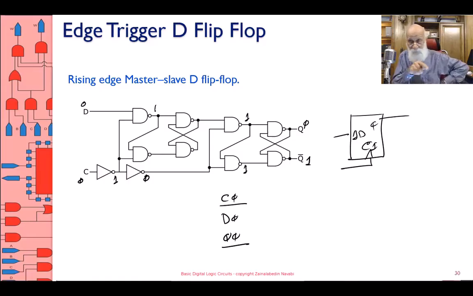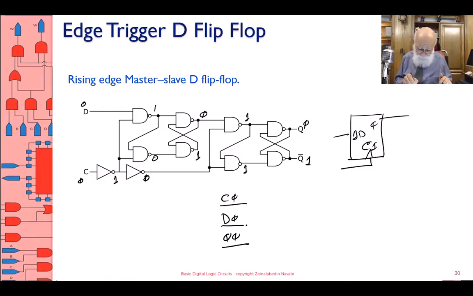See, the NAND gate, as soon as one input is 0, you know the output is 1. And you have a 1 there, you have a 1 here, you have a 0 here, so you have a 1 here. And the output is 0, so the master is 0, and therefore this is stable.